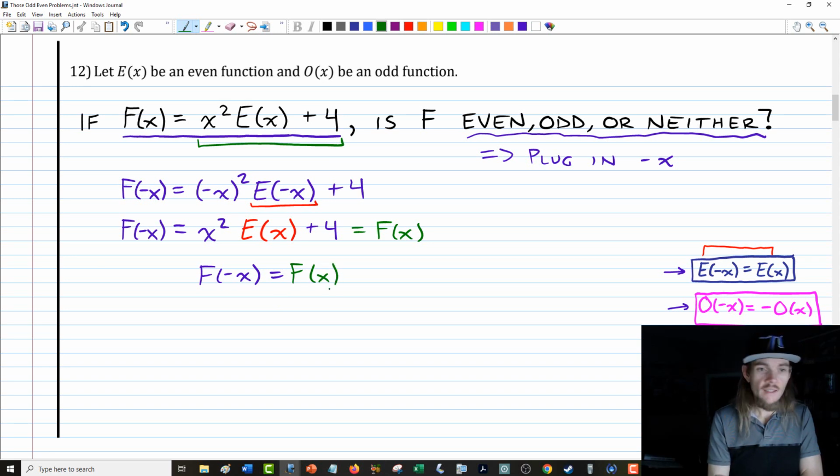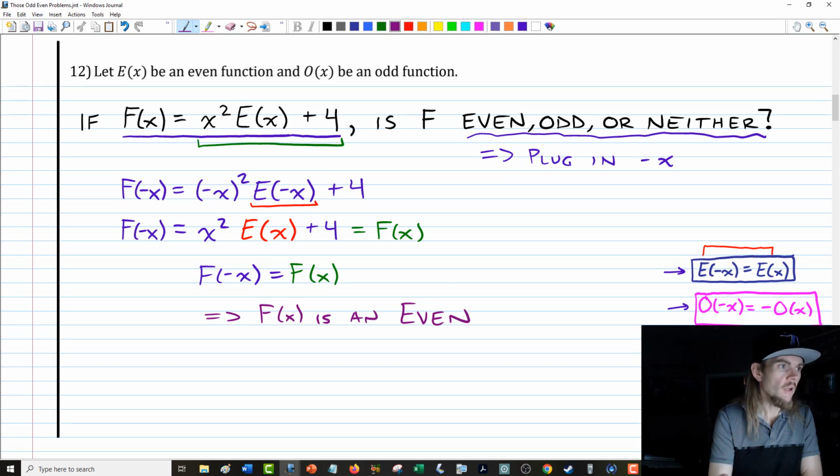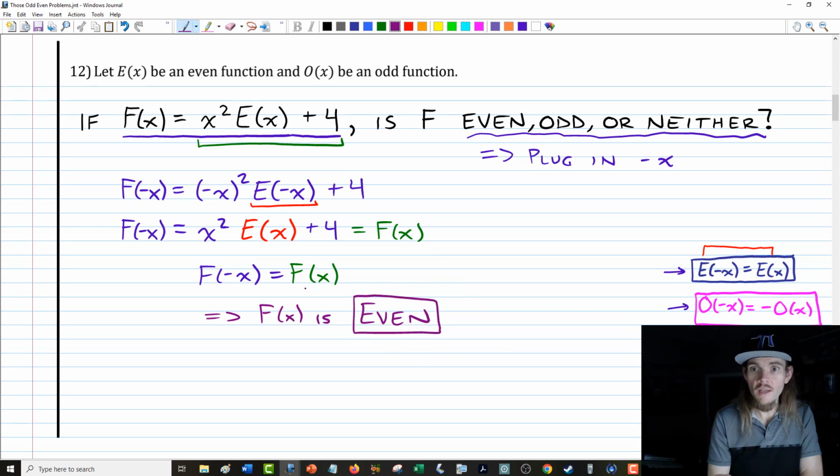Well, if you get the exact same y value out from plugging in negative x as x, that tells you that f of x is an even function. I'm just going to write is even. So we have just proven the function is even, because that is the algebraic definition of even: f of negative x equals f of x. In fact, it's the same letter because I chose the same one. So there it is. There's our process. We plug in negative x, and then we see what happens. Let me illustrate that one more time.